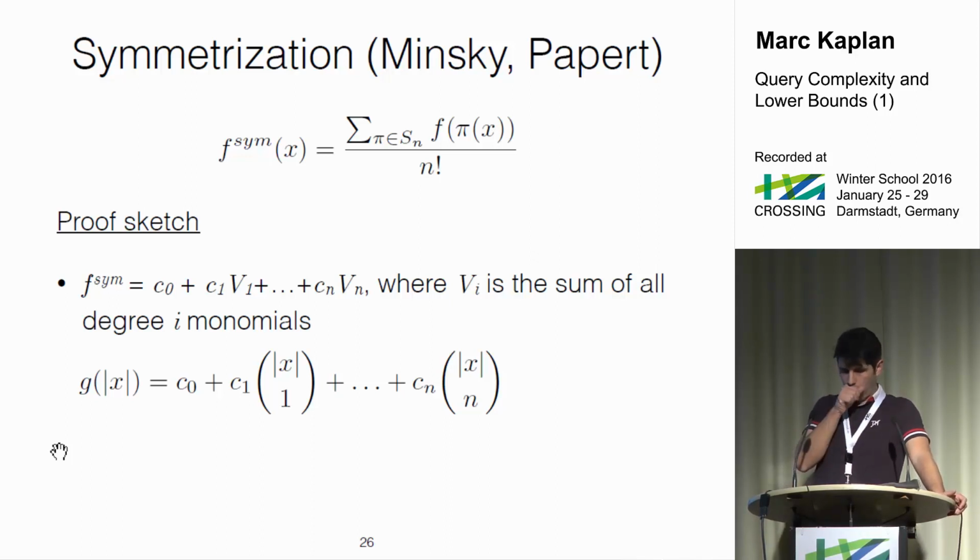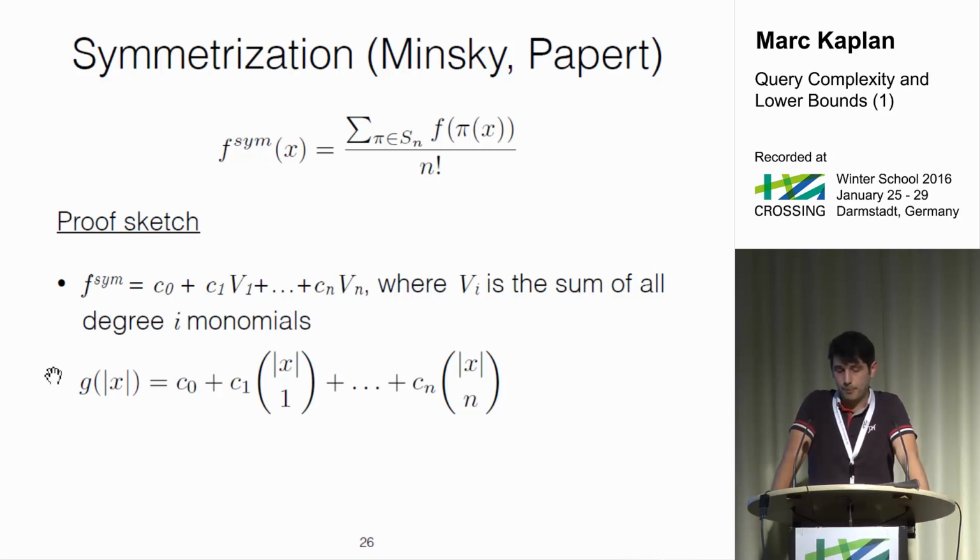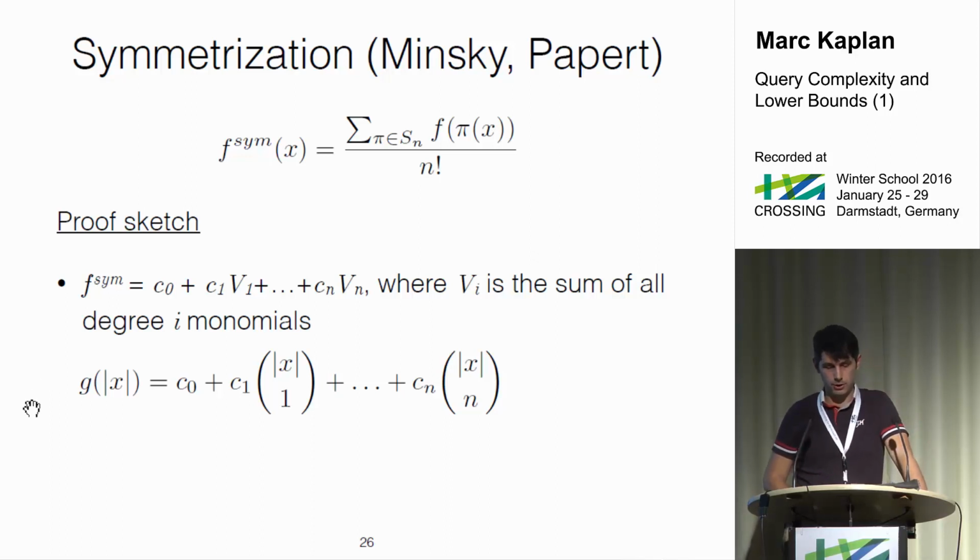Since if you take one of the monomials and permute it, you get the same, by the action of this permutation it's clear that the symmetrized polynomial only depends on these variables vi. The second step is that these variables vi, you can very simply express them as these combination factors here. This is how you build this function g.